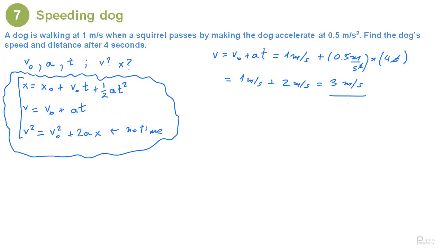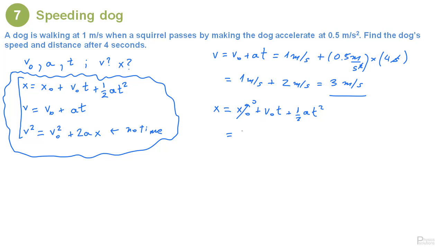The other question is to find the distance. So how much distance will this dog cover in that time? For that we use the other formula, the first one from the list on this little cloud on the left. So x0 plus v0t plus 1/2 a times t squared. The initial position, we can set it to 0, so we don't need to worry about that.